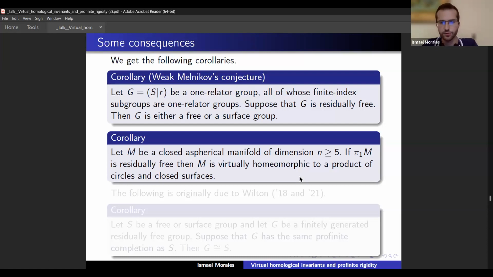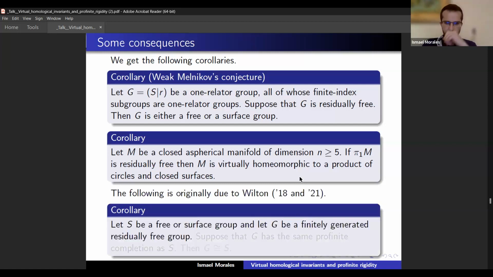And of course, we also use the solution of the Borel conjecture by Bartels and Lück. In addition, we can get an alternative approach to a result that is originally due to Wilton, namely the Remeslennikov conjecture for the case when G is residually free.